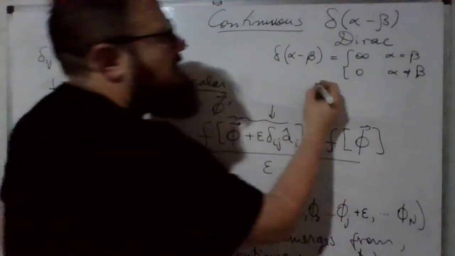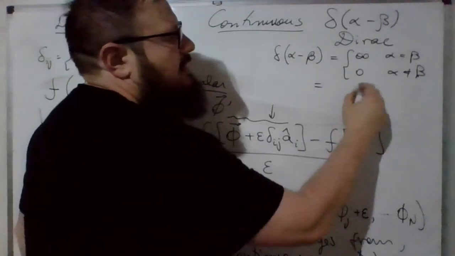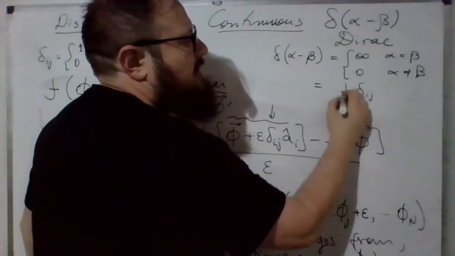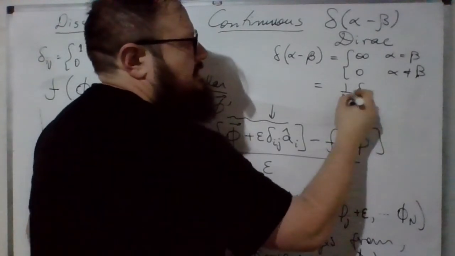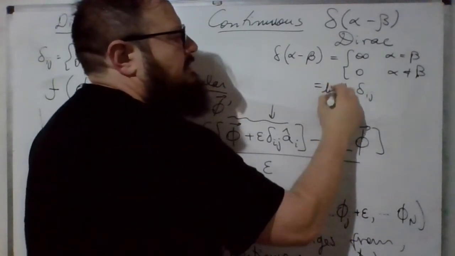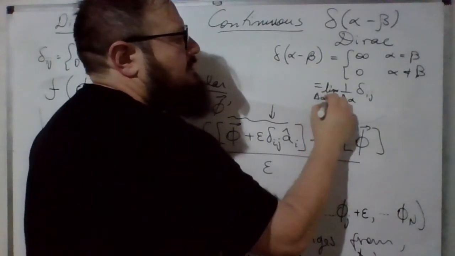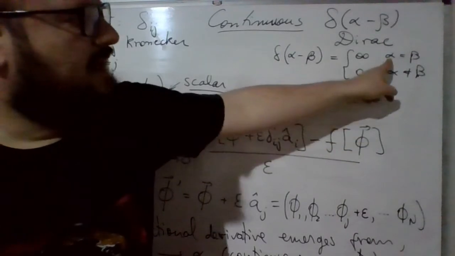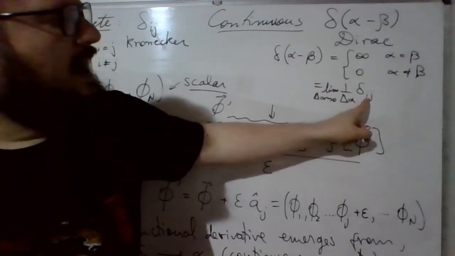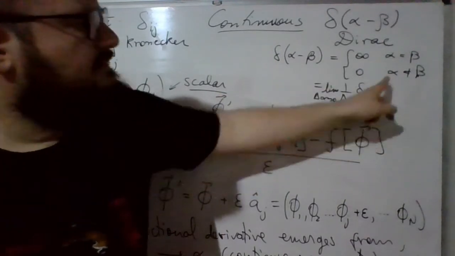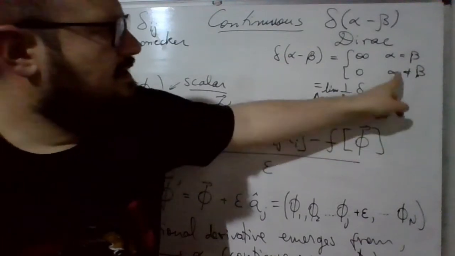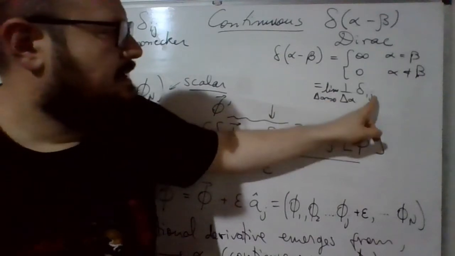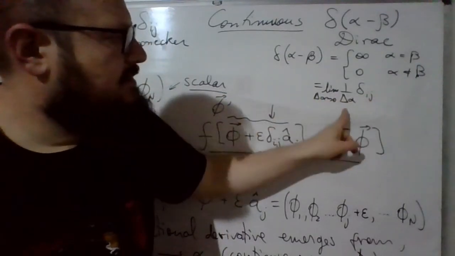It could be taken as the limit of some discrete set of parameters divided by some delta alpha, in the limit where delta alpha goes to 0, where alpha is I times delta alpha, and beta is j times delta alpha.